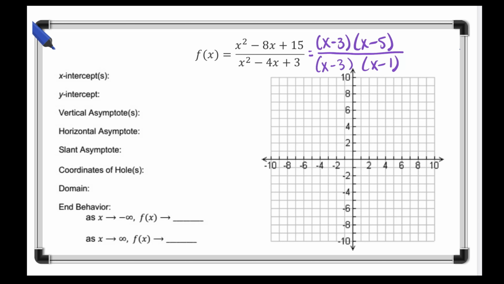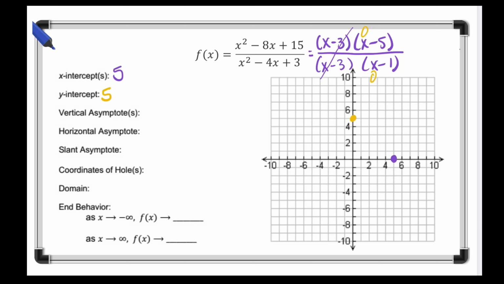It's important to note that you do have a common factor, right, that x minus 3. So those are going to cancel out. And now when I look at my x-intercept, you get x minus 5. The 0 of that is at 5. When I look at my y-intercept, plugging in 0 for x's, which simplifies to a positive 5.